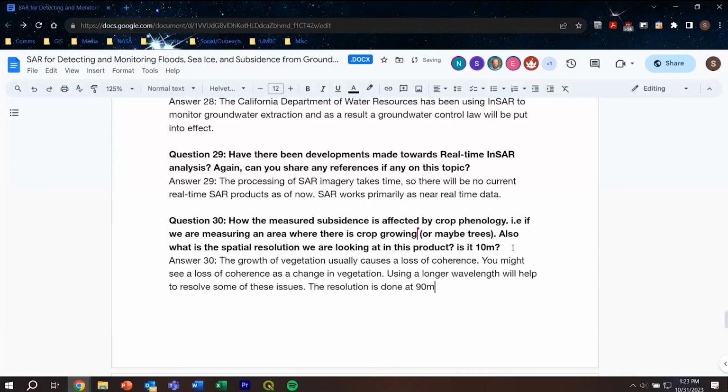You could get down to about 30 meters with Sentinel-1. Other satellites might be smaller, higher resolution, especially the X-band satellites.